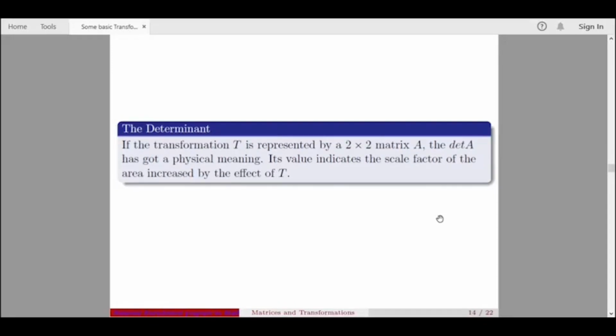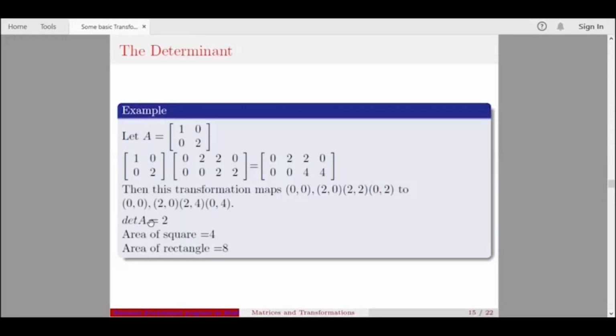Now this transformation maps these points to these points, and we will see the increase in their areas. The determinant of A here is 2, the area of the square is 4, and the area of the rectangle is 8. You can see 8 is 4 into 2. So there is a relation between the determinant of a matrix and the corresponding areas.